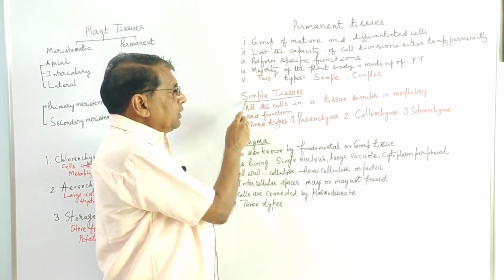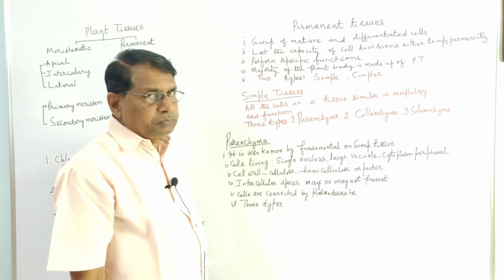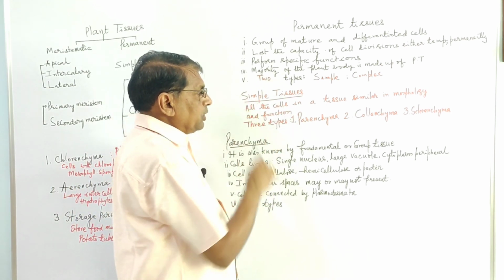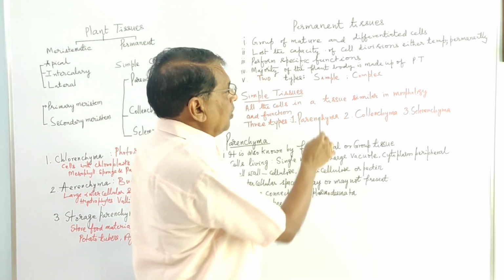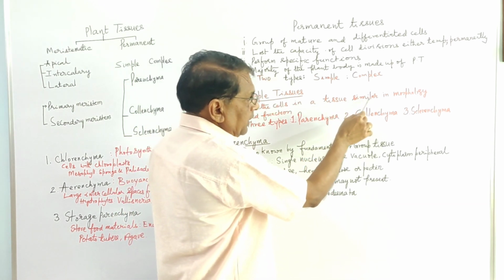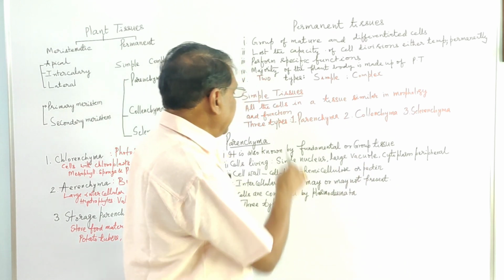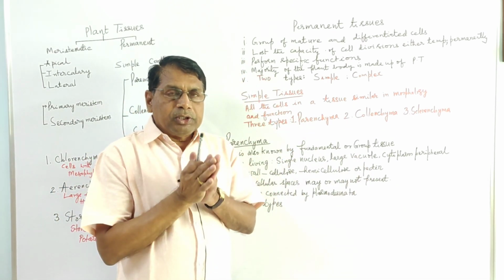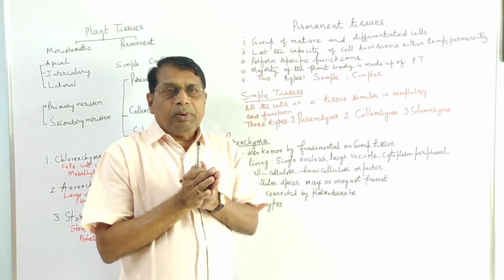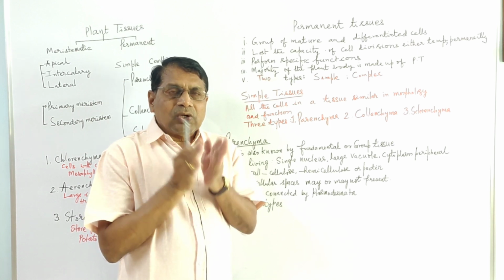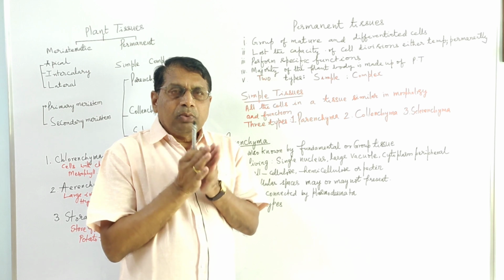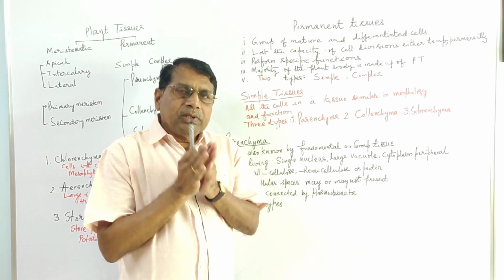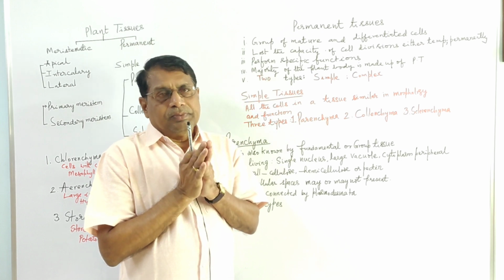If you take the simple tissues, all the cells in a simple tissue are similar in morphology and function. It is a group of cells, all almost morphologically similar, and they perform the same function.